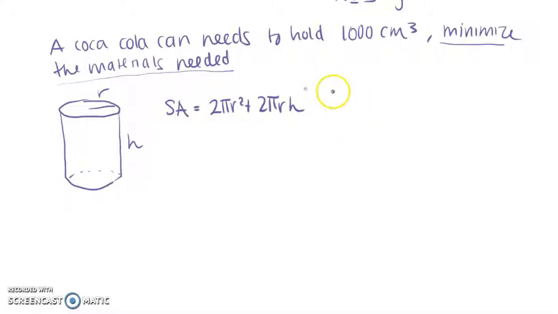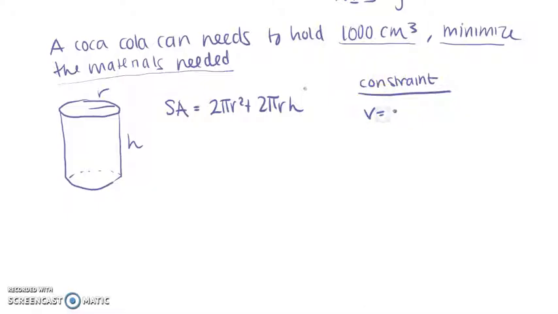Our next step is to find the constraint. So this is the interval that we're trying to find. Now, the constraint you can see here is that it has to hold 1,000 centimeters cubed of liquid. So our volume has to equal 1,000 centimeters cubed.